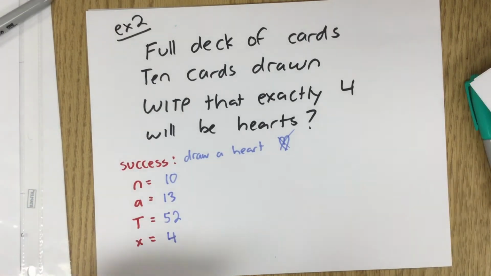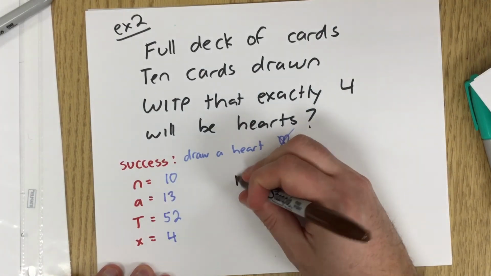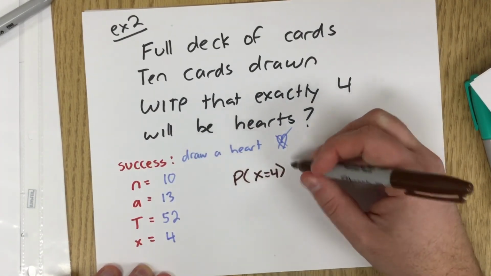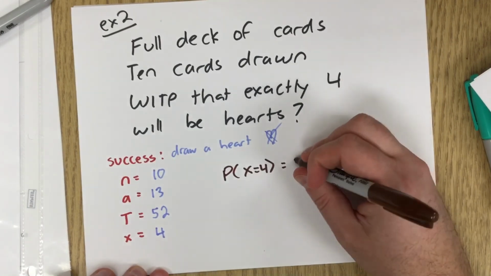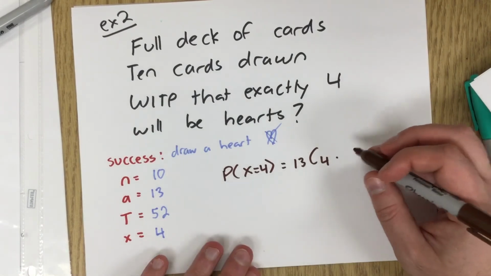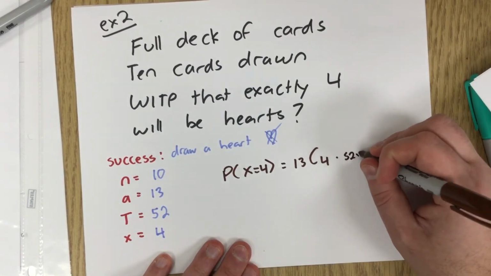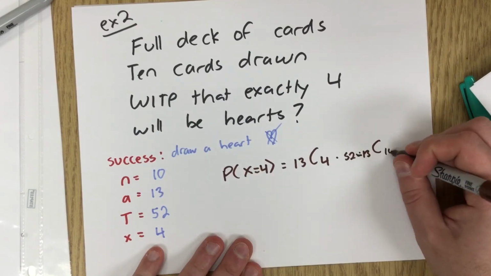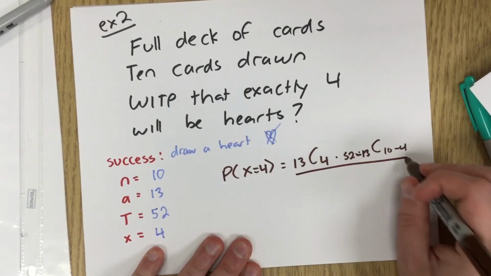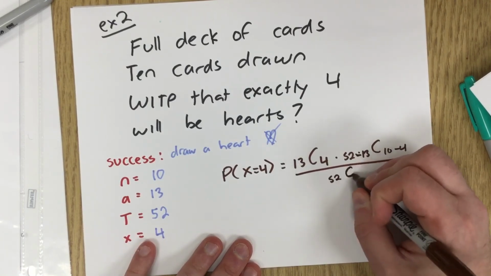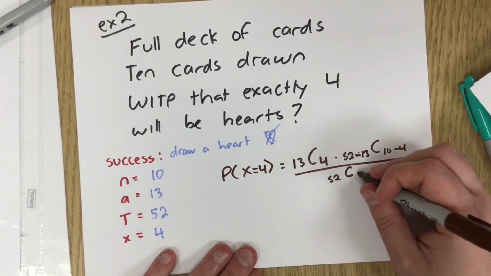That's it. So putting that all together, the probability that X is 4, that the number of successes equals 4, is going to be 13 choose 4 times 52 minus 13 choose 10 minus 4 all over 52 choose 10.